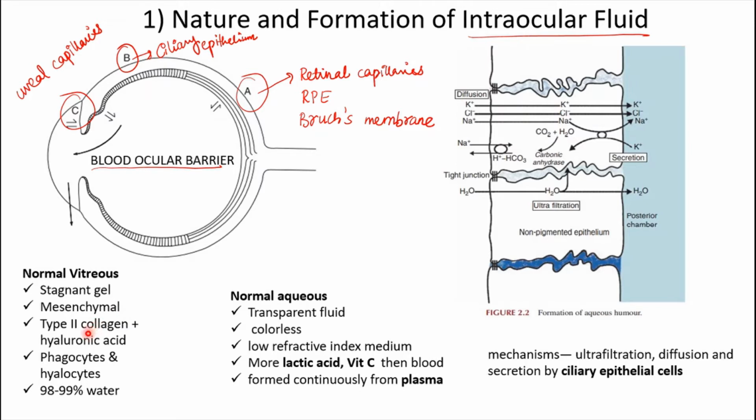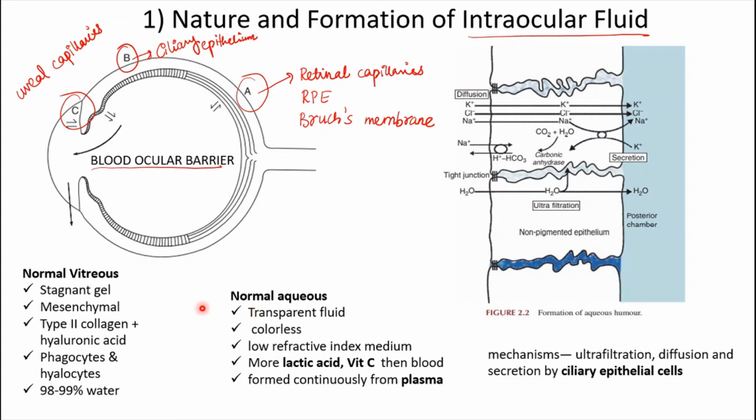It is composed of type 2 collagen as well as hyaluronic acid. And it consists of many cells. Mainly these cells are phagocytes, which will phagocytize the cell debris, and also hyalocytes, which are lining your vitreous humor. And 98 to 99% of it is composed of water.